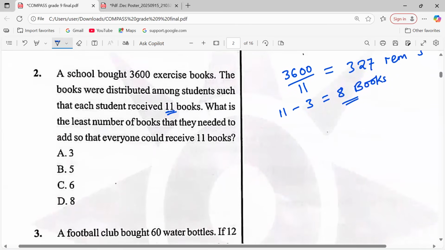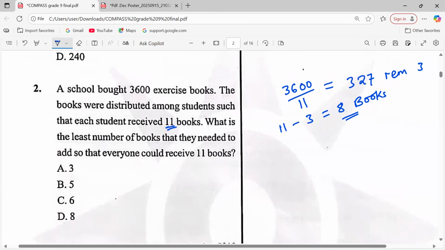Actually, this is the least number that can be added, because there can be other numbers like 19 and 30 which can still make this value divisible by 11, but we just wanted the least.